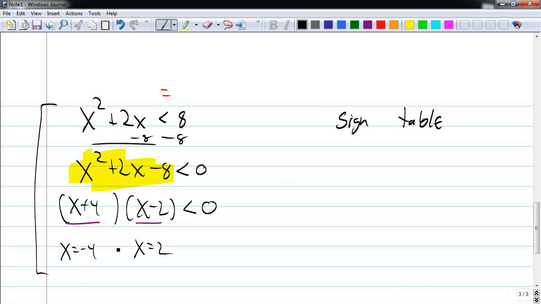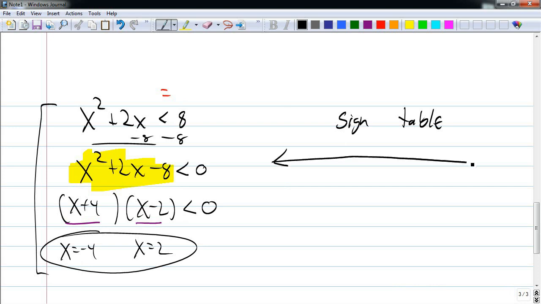And so we have done all of that through here, but there's more to do. For your next step, make a number line and mark where the expression equals 0.